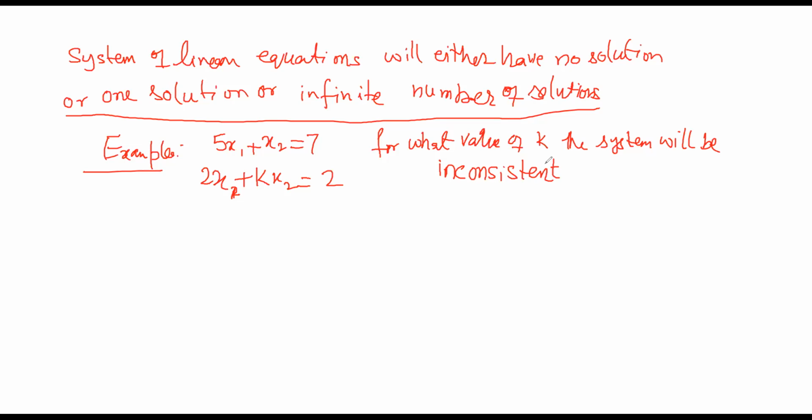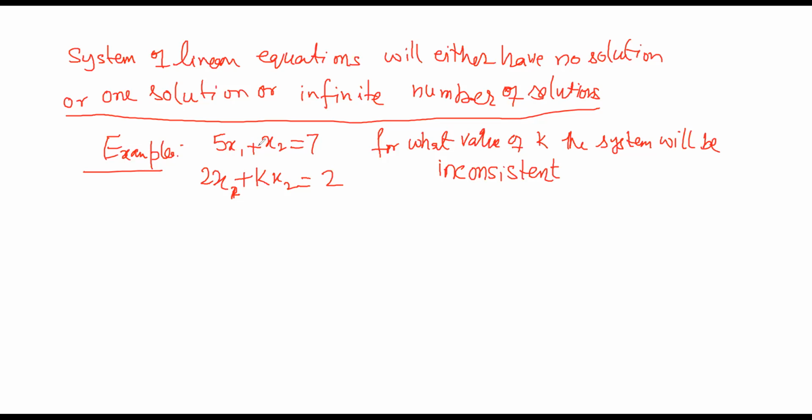I think we can solve these 2 equations because the value of k is unknown, so we can find the solution in terms of k. But for this system to become inconsistent, k should have some particular value. So we should have some impossible situation here.